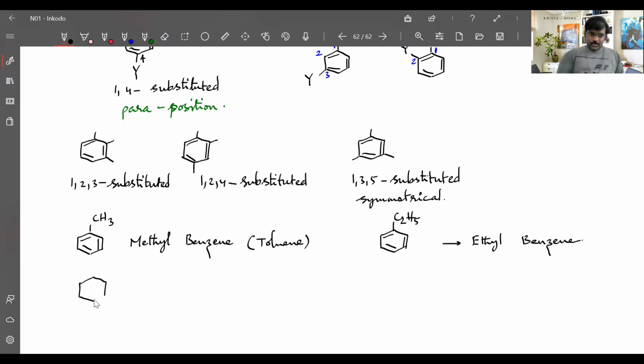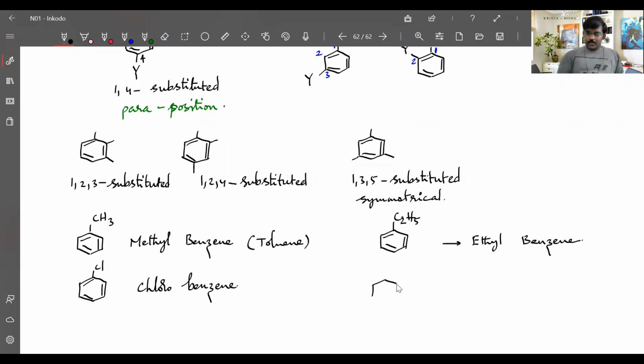You can attach a halogen in place of hydrogen, so that means a halobenzene. Here I'm attaching chlorine, so it is chlorobenzene. Similarly, bromine and iodine also you can attach, so bromobenzene and iodobenzene. Simply halobenzene you can write if you are attaching halogens over there.